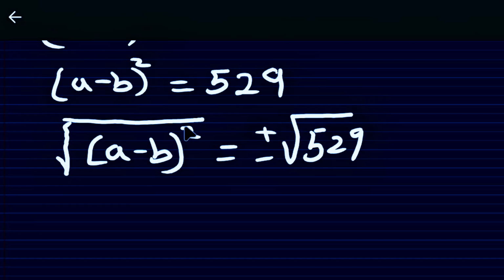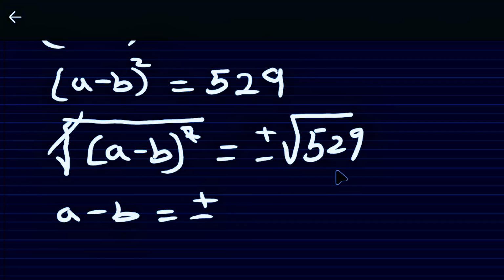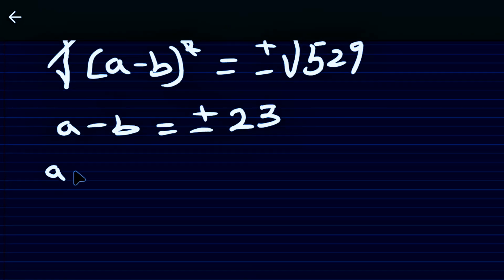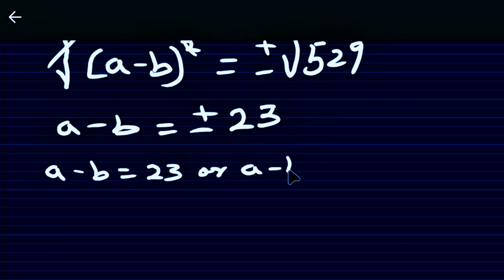So this square will cancel out this square root, and we'll have a minus b equal to plus or minus the square root of 529, which will give us 23. So we'll have a minus b equals positive 23, or a minus b will be equal to negative 23.